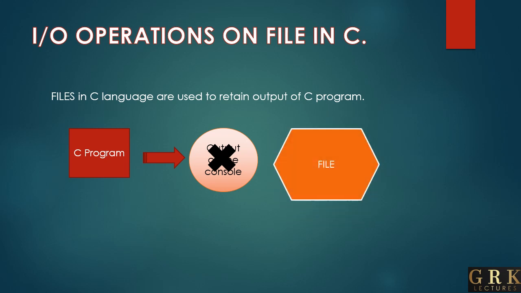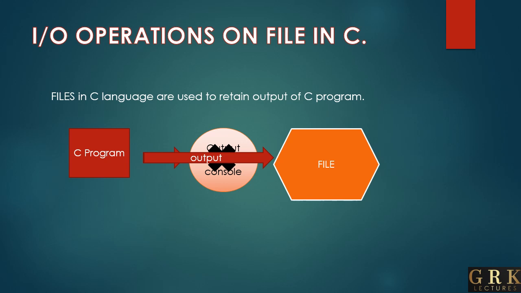So in order to keep that output for future usage, we create files in the C language. Instead of displaying the output of a particular program on the console, we directly copy that output of the C program into the file.